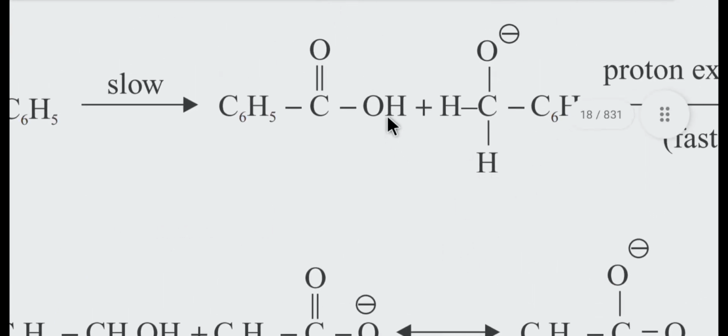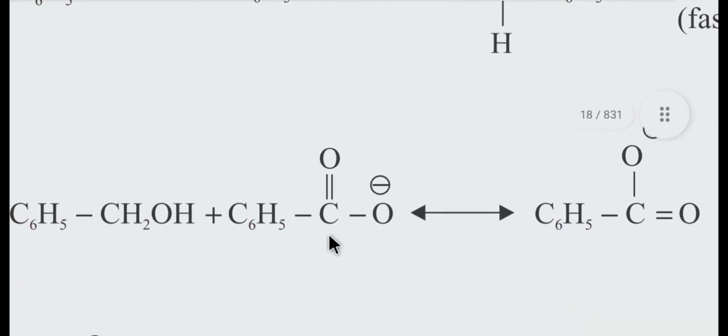But here when this proton moves toward here, this oxygen gets a negative charge, so this negative charge will be stabilized by resonance between these two oxygen atoms that are bound with carbon. Sometimes this double bond will shift here and the negative charge on the oxygen will move here, and sometimes the double bond or the negative charge on oxygen will be localized, and it will be resonance stabilized.